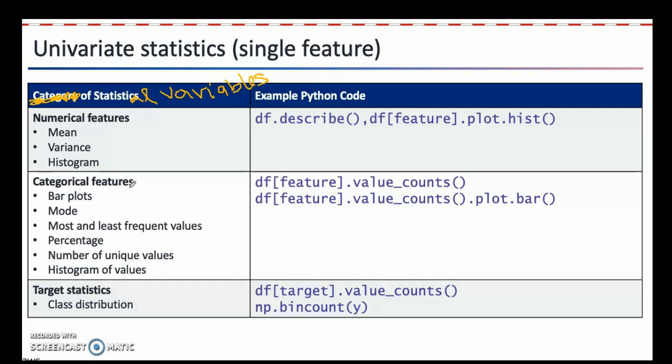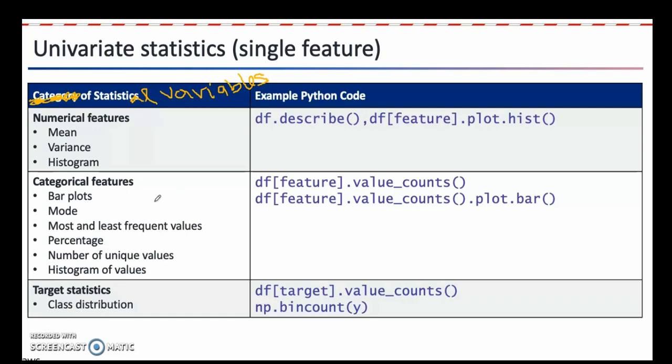When we're dealing with categorical data, for those columns or features associated with categorical variables, there we're interested in bar plots, the most frequent, repeated. The mode is also something applicable for numerical values, and some of the other things we have listed here: most frequent and least frequent values, percentages.